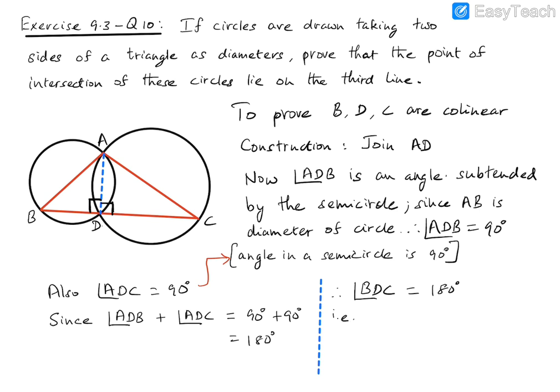So that means the points B, D and C are collinear points. Okay, they are collinear, and they also are clearly lying on the third side of the triangle ABC.